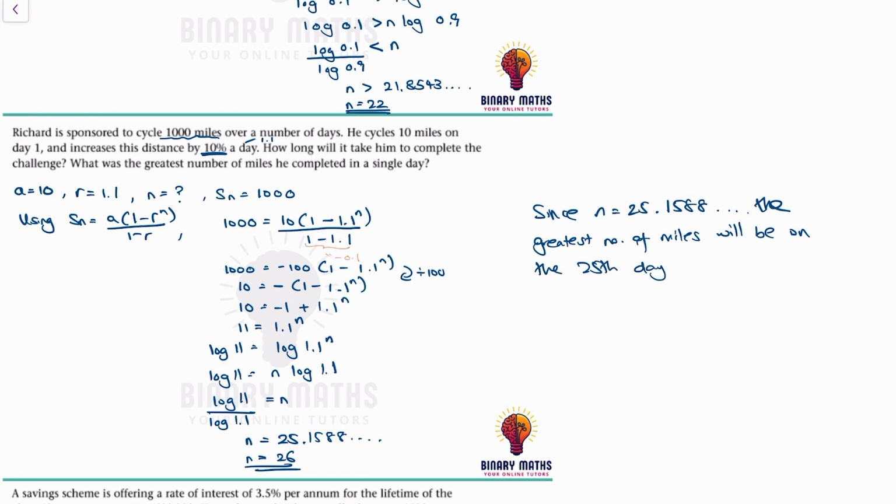So we need to work out U25. So U25 is equal to a r to the power of n minus 1, which is equal to 10 times r, which is 1.1 to the power of 24, which is equal to 98.4973, which gives us a value of 98.5. So on the 25th day, Richard cycled 98.5 miles.